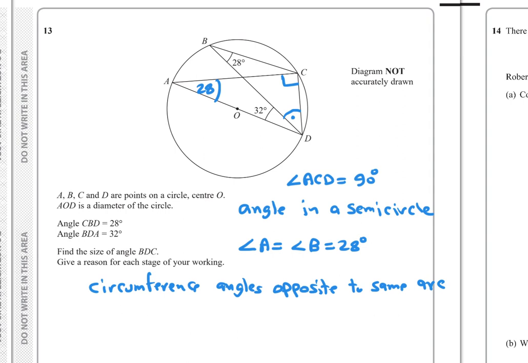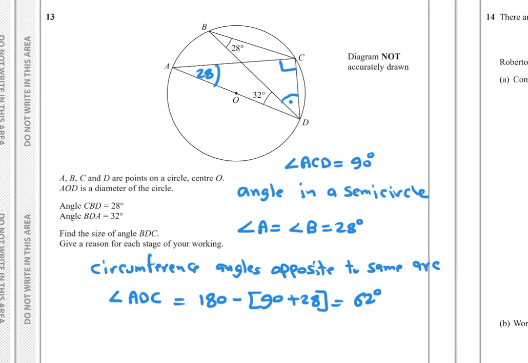So you can write angle ADC equals 180 minus (90 plus 28) equals 62 degrees, because angles of a triangle add up to 180.